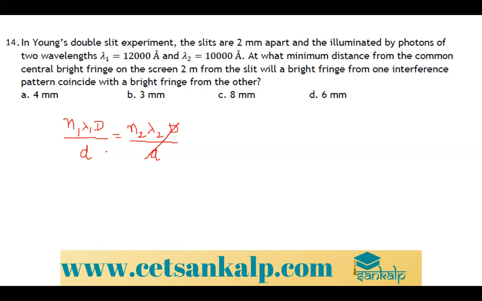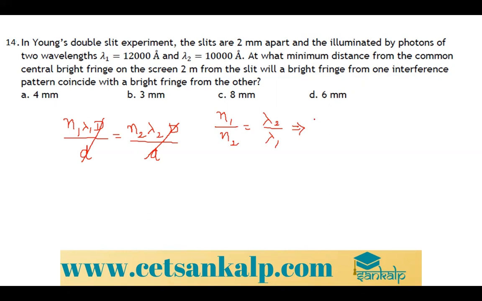So D divided by d on both sides get cancelled. So finally I can write it as N1 by N2 is equal to lambda 2 divided by lambda 1.